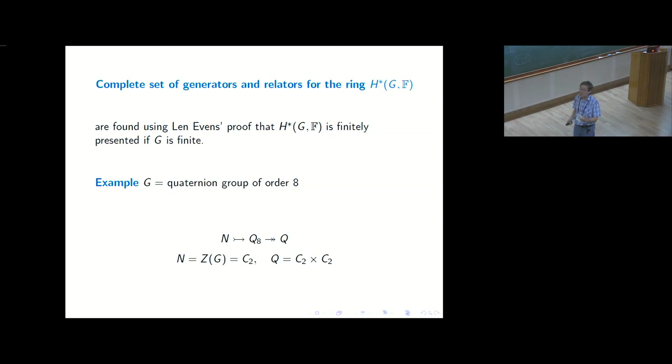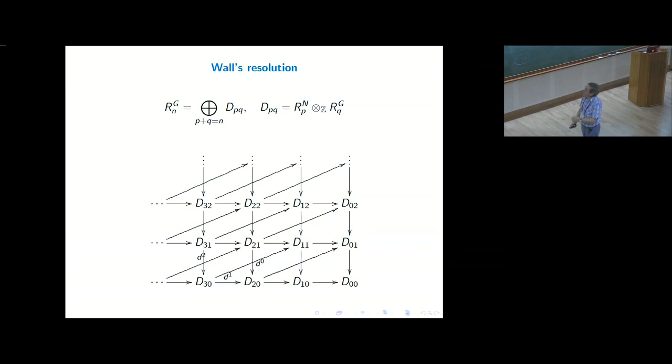So we've got that information. We've got this short exact sequence of groups. And in lecture 2, I talked about CTC Wall's resolution. And CTC Wall's resolution was designed just for this case of extensions of groups. So let's just recall CTC Wall's resolution.